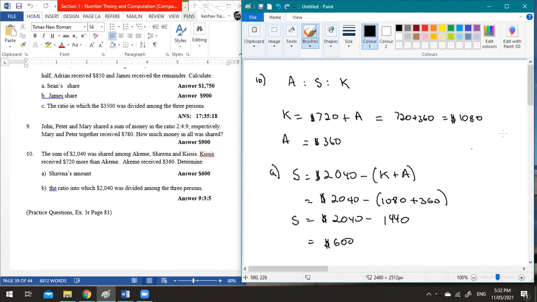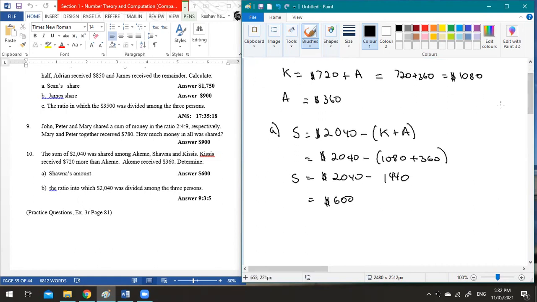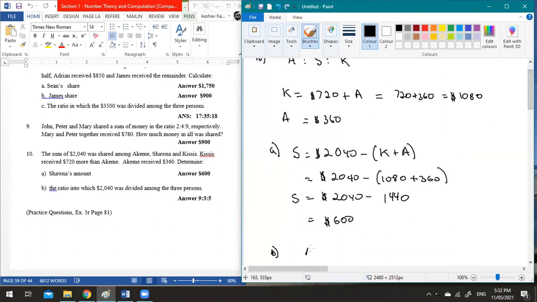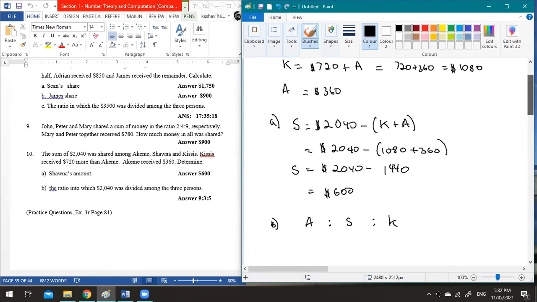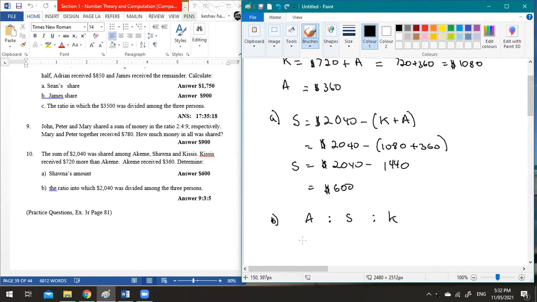The ratio in which the money was divided. So they want us to determine the ratio. And how are we going to do that? So we know there's a ratio, right, of Akeem, Shauna, and Kisses, right? So Akeem received $360 out of the 2,040.